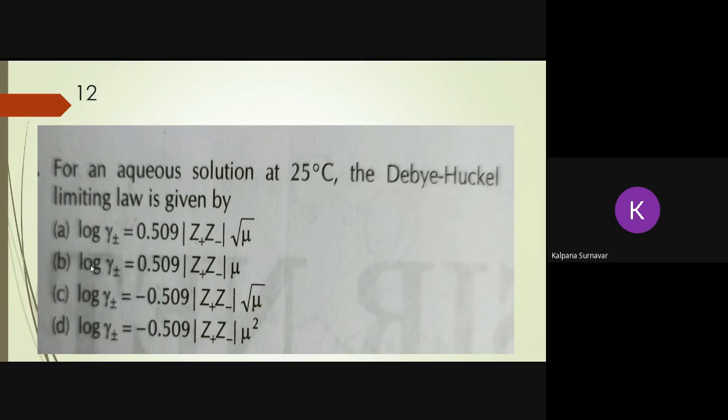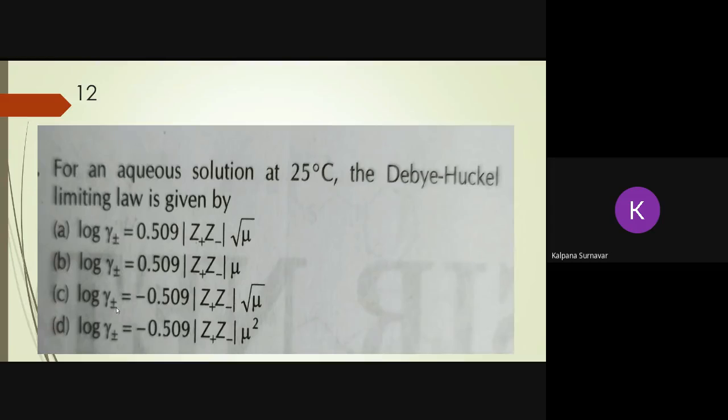You people, the MSc 1 students, have already used this equation for the calculation of the solubility product of sparingly soluble salts. Guess the answer. The answers are written here. Log of gamma plus minus is equal to 0.509 into mod of Z plus Z minus into square root of mu, which is written in option B.